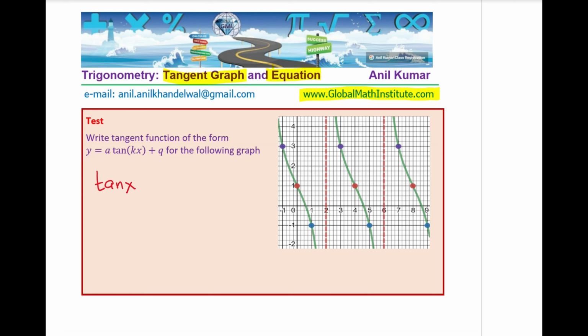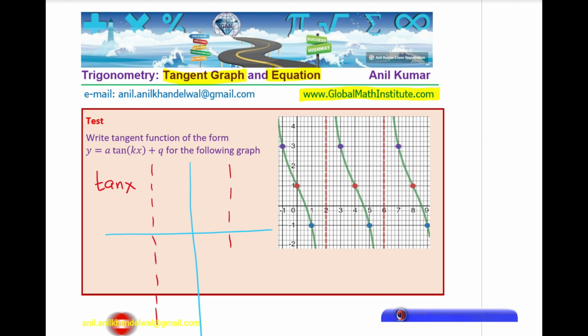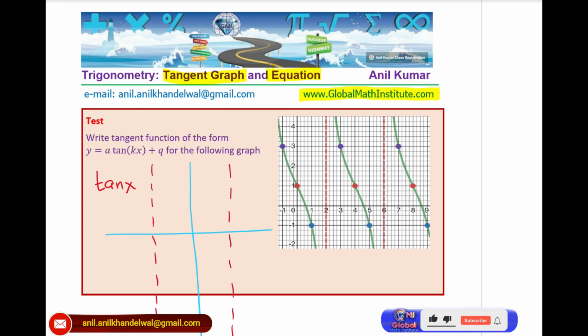So let's review the graph of tan x. Here is a quick sketch of the graph of tan x. It is always increasing with vertical asymptotes at, let us say, minus pi by 2 and pi by 2. So the graph is kind of like this.